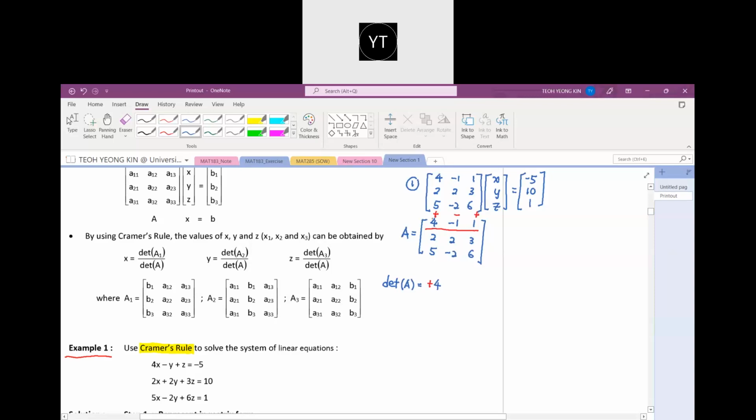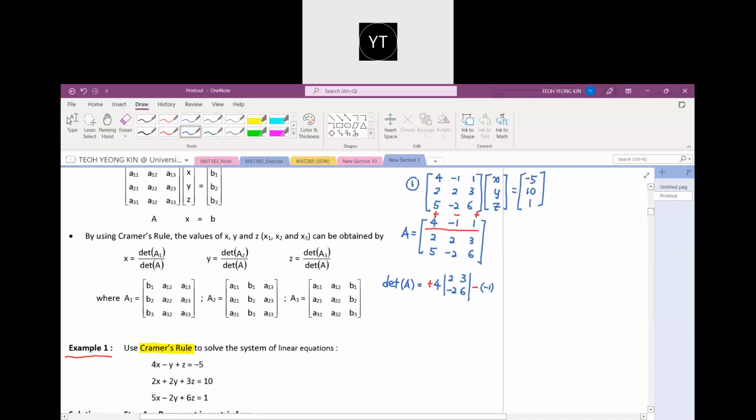What we have here is 2, 3, -2, and 6. Second value is -1, so don't forget we have a negative.